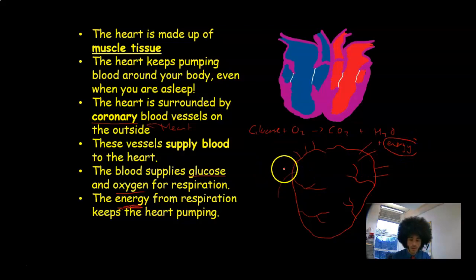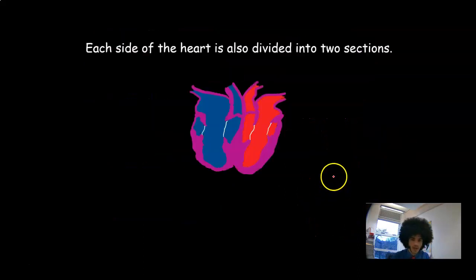Okay, so when the blood comes in, it will have the glucose and oxygen which goes into the heart cells, and then when it respires and pumps away, the carbon dioxide and water can be taken away in order to be excreted.